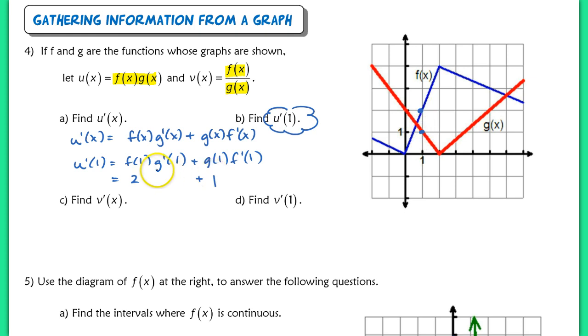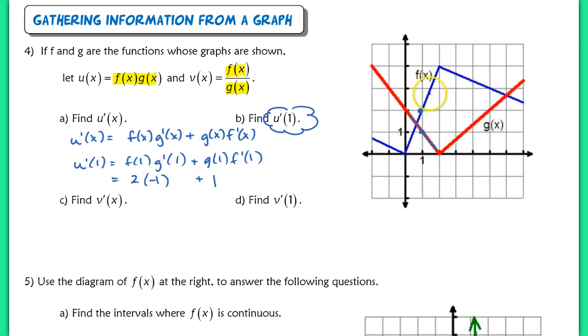Now, when we talk about the derivative of g at x equals 1, we're looking at the slope of a line that would be tangent to the graph at x equals 1. Now, the slope of that line is simply the slope of that linear function here, which is going to be negative 1. So g prime of 1 is negative 1. Now for f prime of 1, we're looking at the same thing.